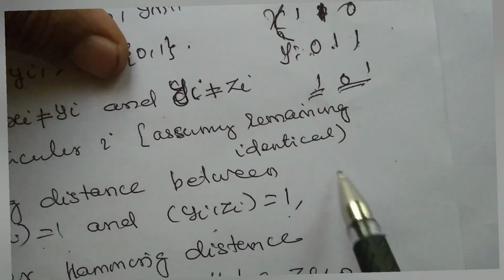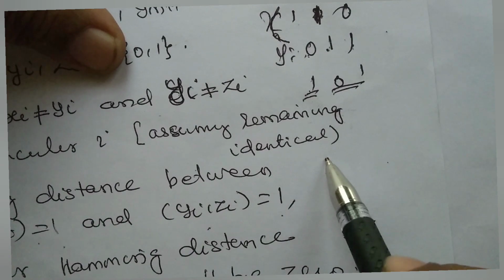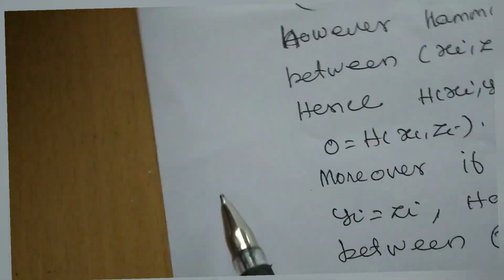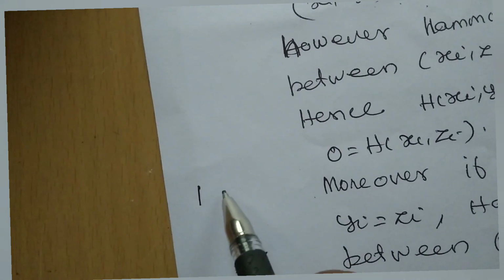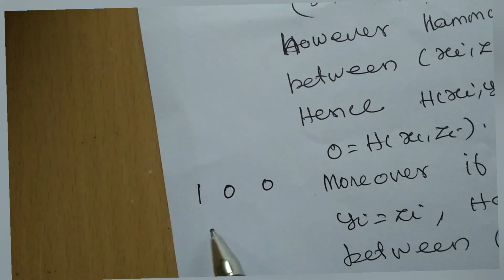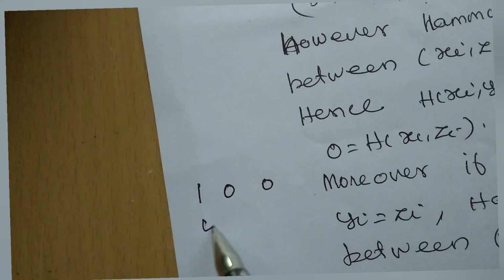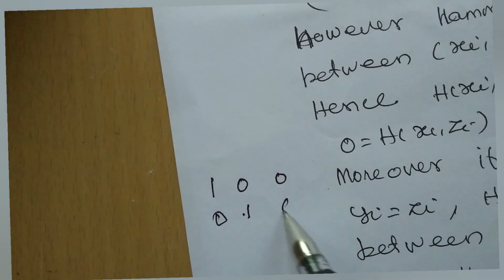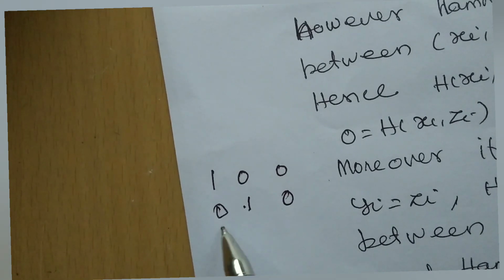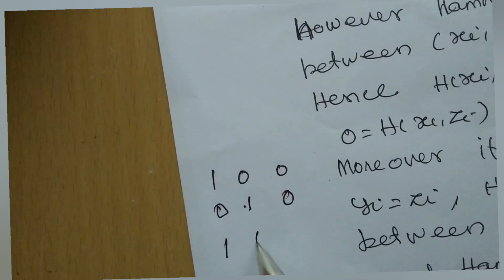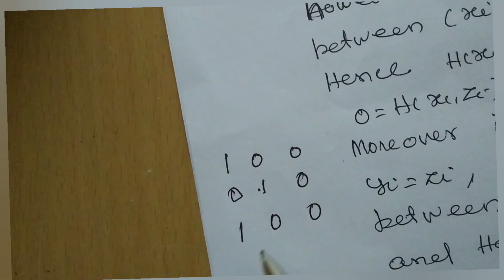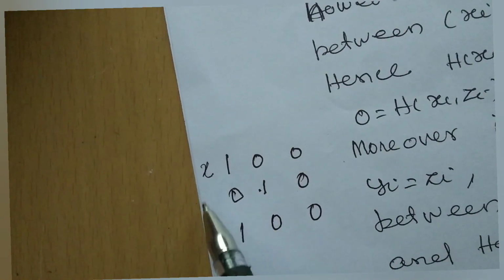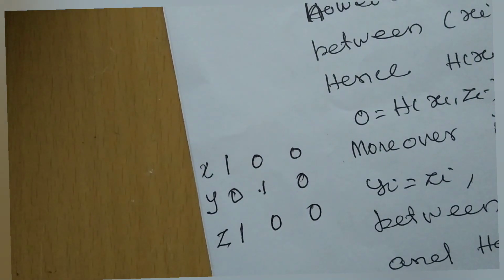Why? If you take this one: 1, 0, 0, 0, 1, 0, then 1, 0, 0. This is for x, this is for y, this is for z.